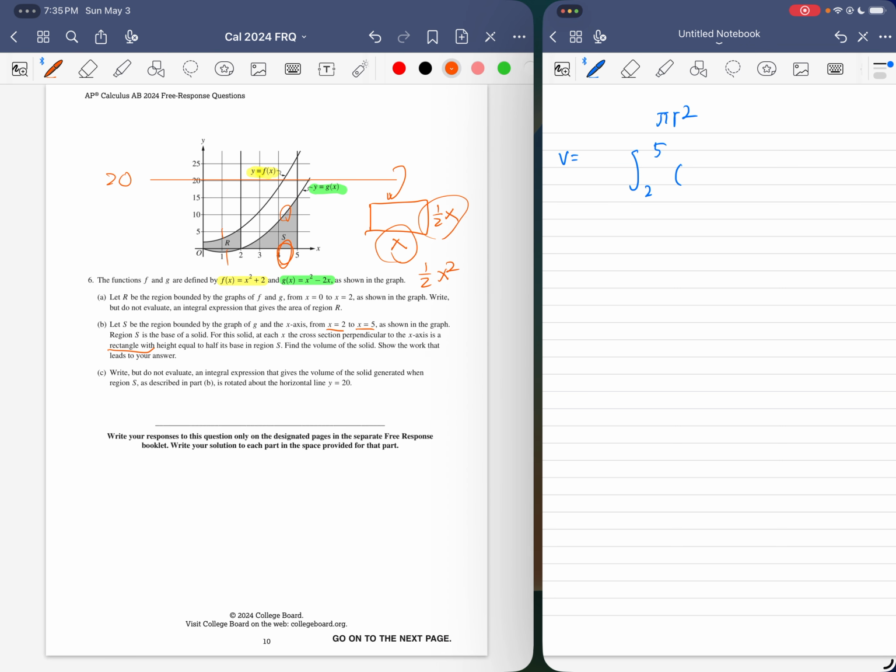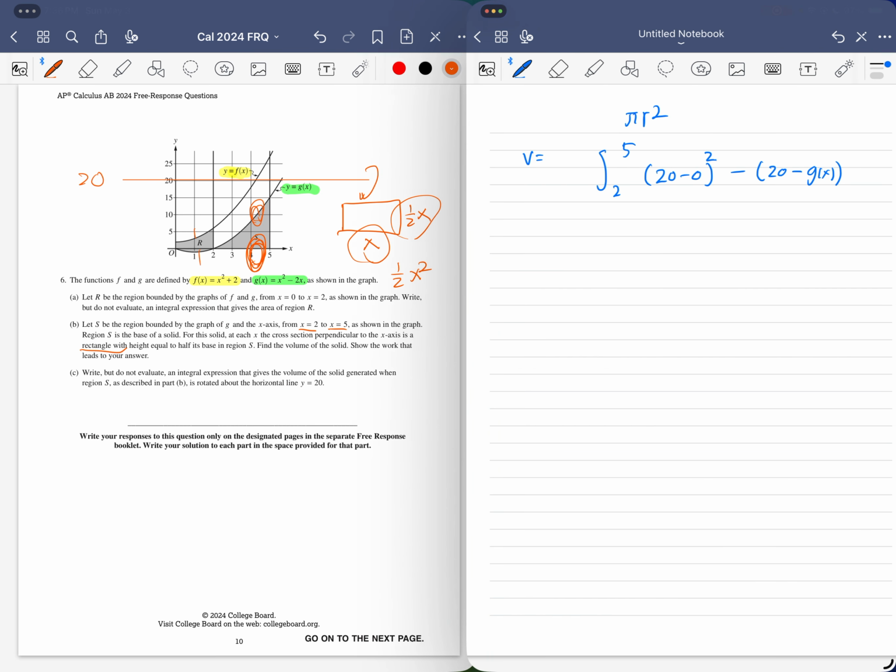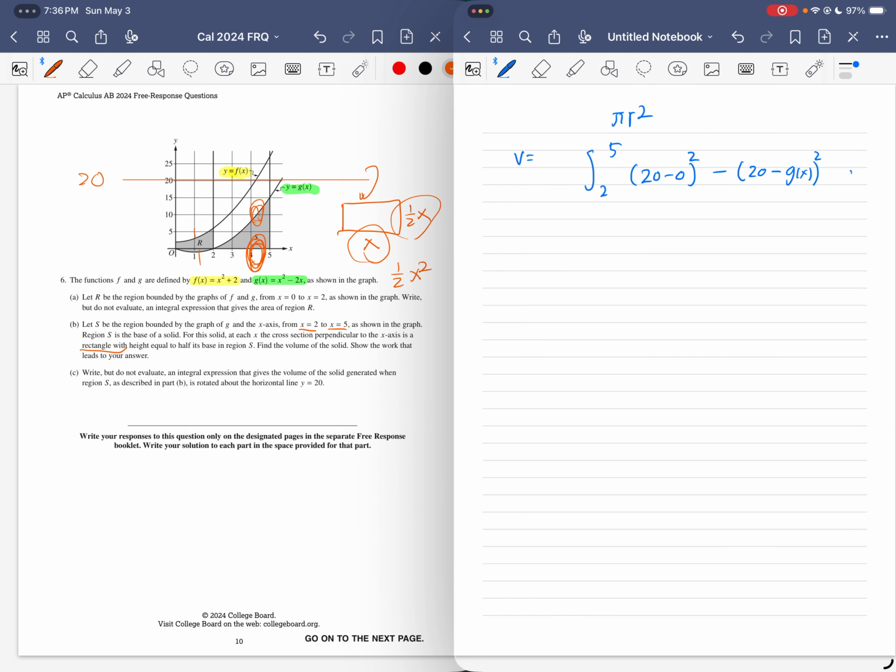Again, first, because this one hits first, I'm going to write 20 minus 0. But do I really have to put 0? I don't think so. But I will just put it just in case, okay? So it's going to be 20 squared minus, now this one goes inside, right? So 20 minus top, g of x, squared dx.